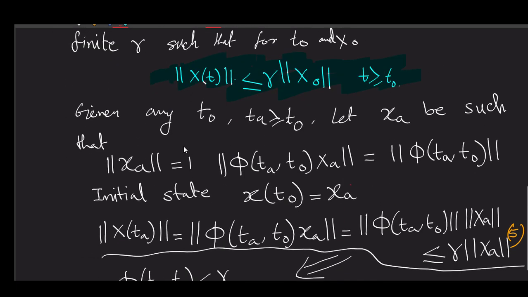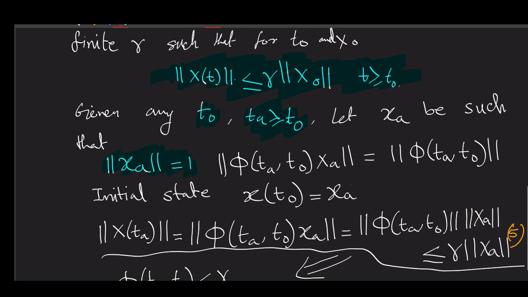So what we are doing, let us consider, for a given initial time t naught, a time ta greater than t naught. How to select this ta such that norm of xa is equal to 1?